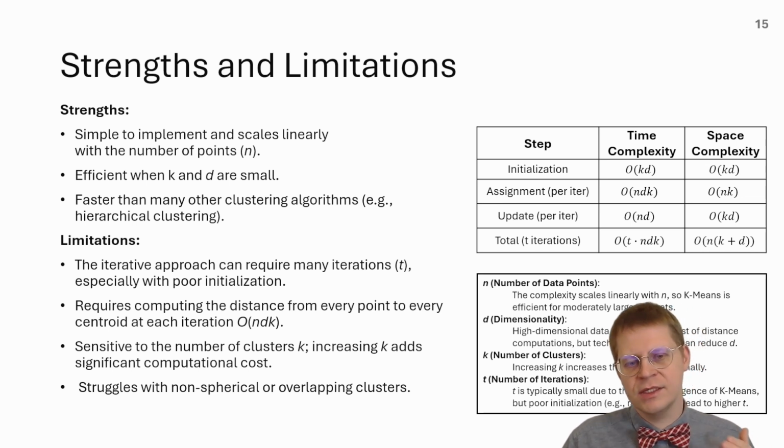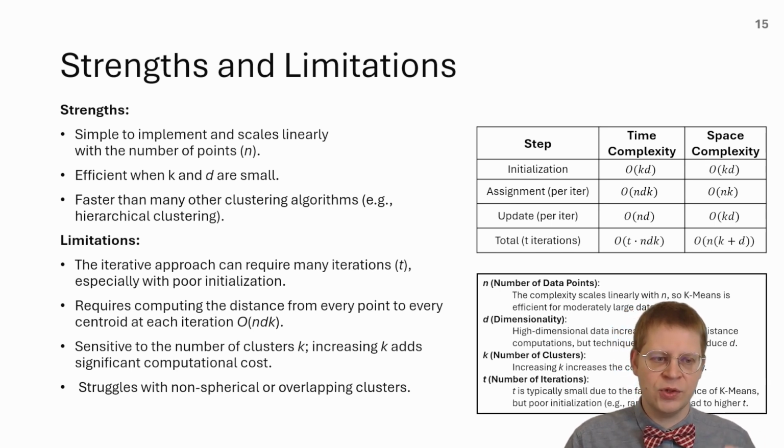As for the limitations, well, it is sensitive to initialization. Poorly chosen initial centroids can lead to suboptimal clusters and require more iterations to converge. K-means assumes clusters are spherical and evenly sized. If your data has irregular or overlapping clusters, this assumption breaks down.